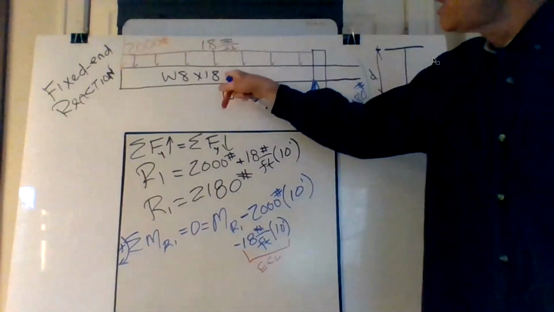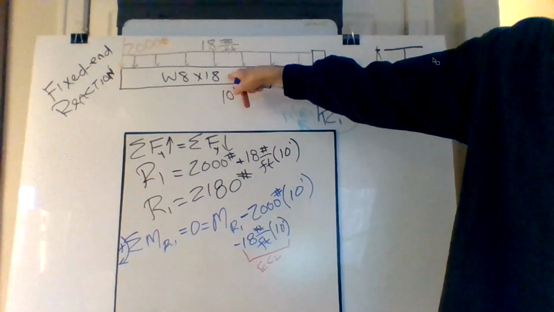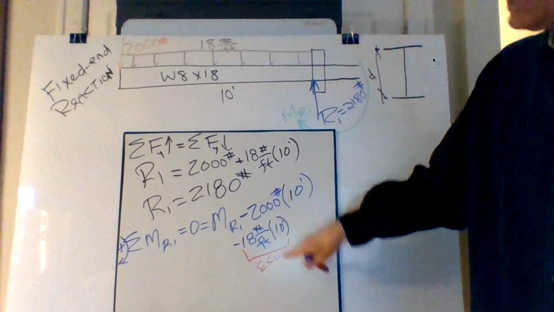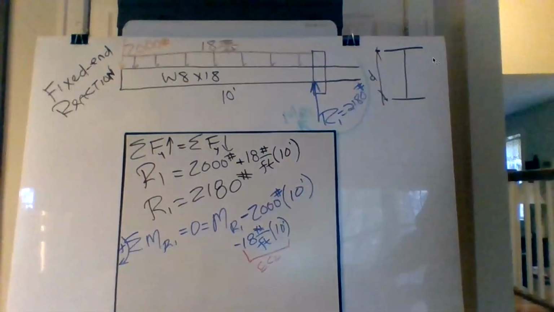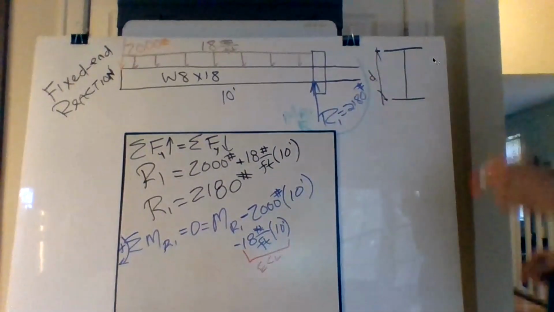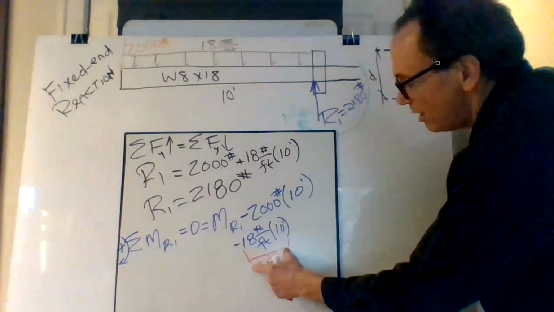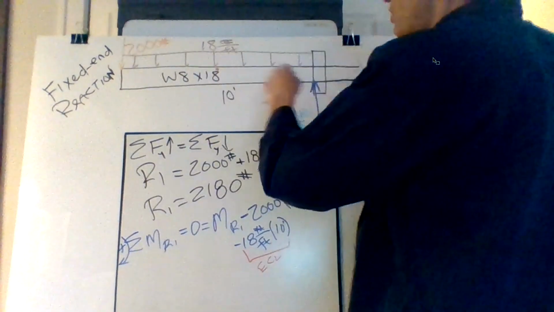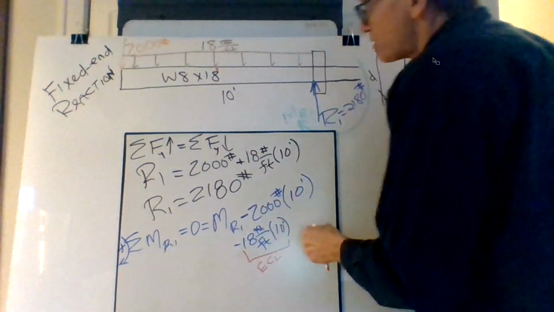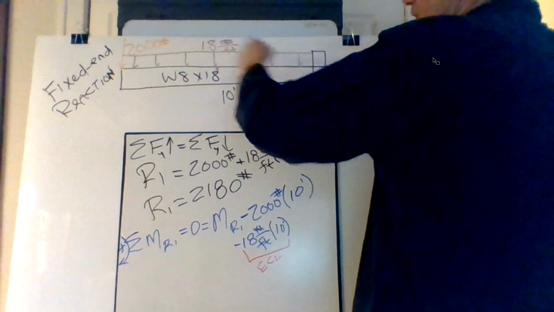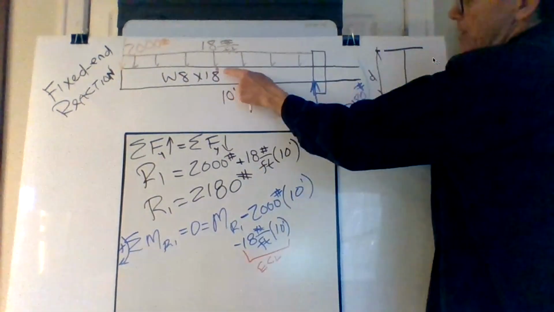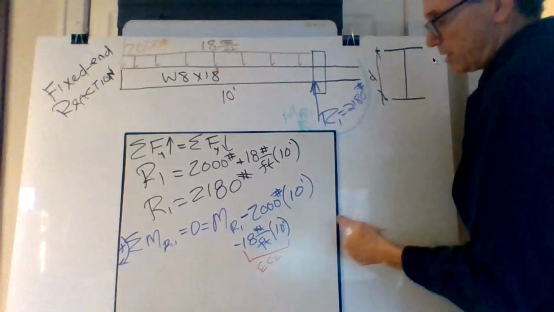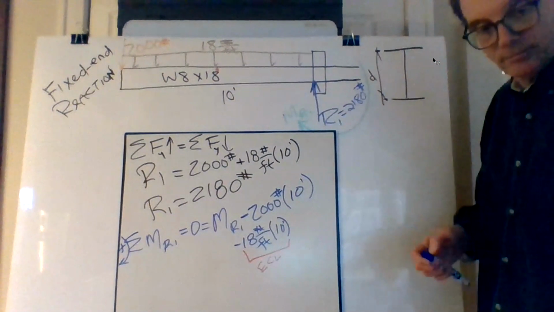But I'm not showing the ECL because then you get confused and you start to put the ECL, the equivalent concentrated load, in your shear moment diagram, and that's not a good thing. So that's the ECL, which is really right here, acts through the center of the beam. So what is its moment arm? Your equivalent concentrated load is how far from here? 5 feet. Yeah.